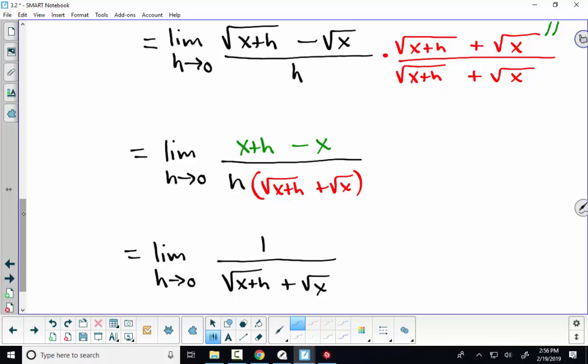So as h goes to 0, what's our limit? 1 over the square root of x plus the square root of x. So we would call that 1 over 2 root x.